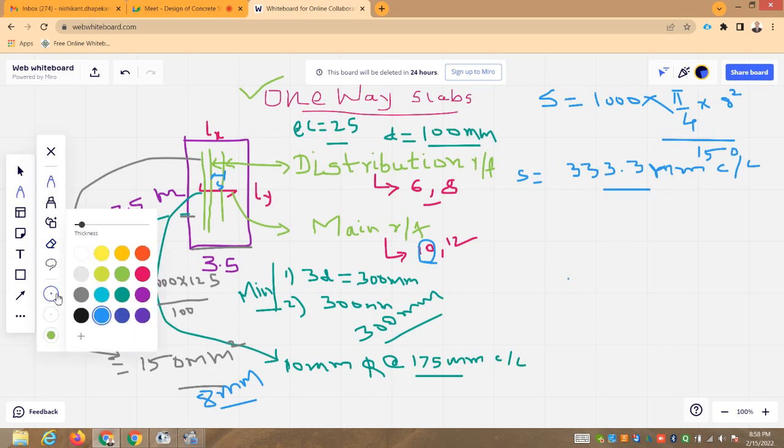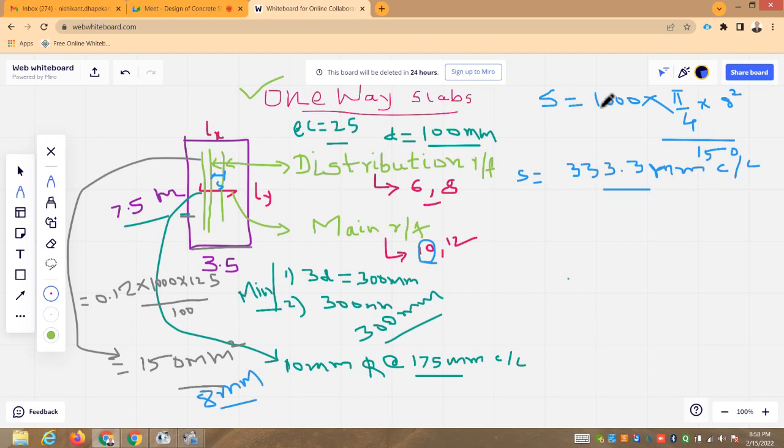So in this, 333.3 millimeters center to center you have got the spacing. Now you have to check. As for the 8 mm, we have to assume which reinforcement we have to provide. Let me finish this. You can provide 6 mm also.